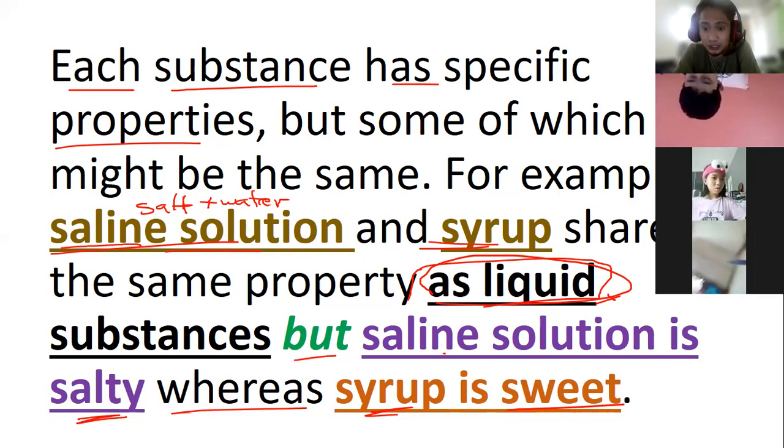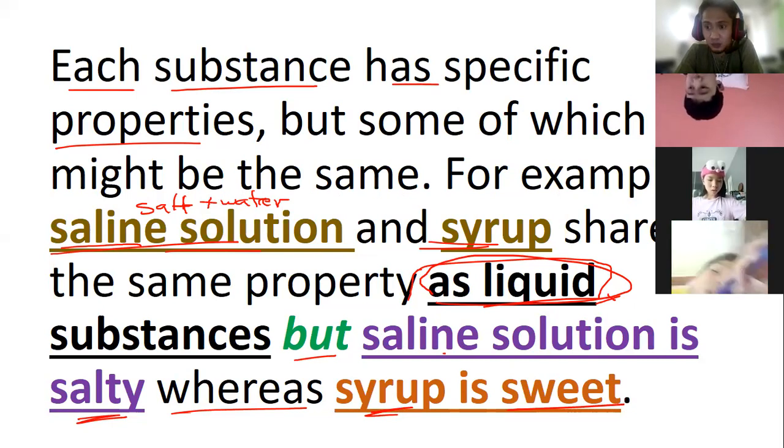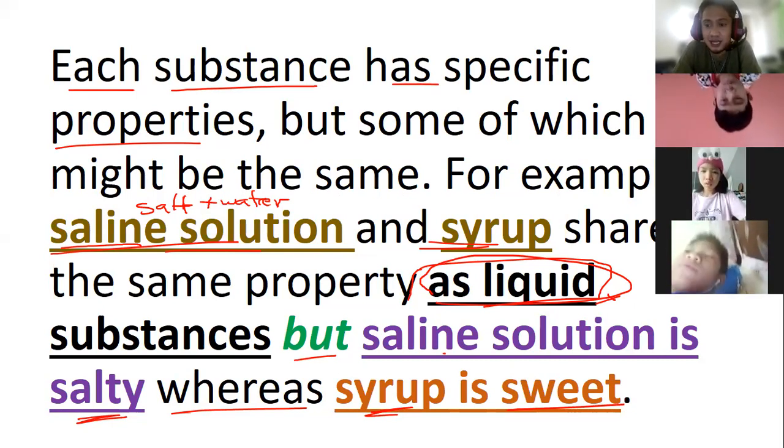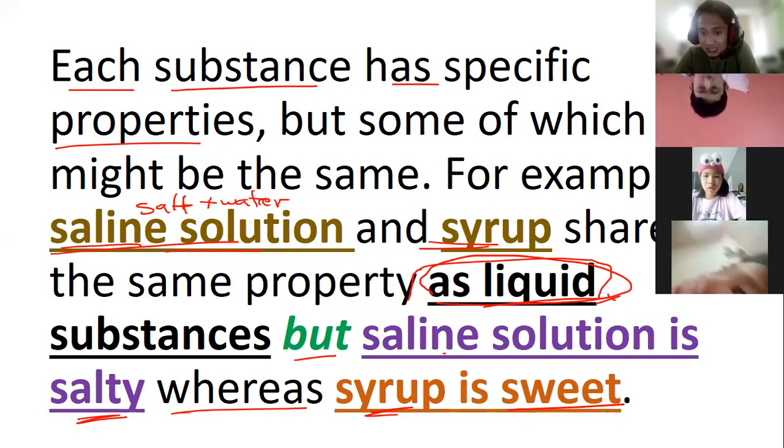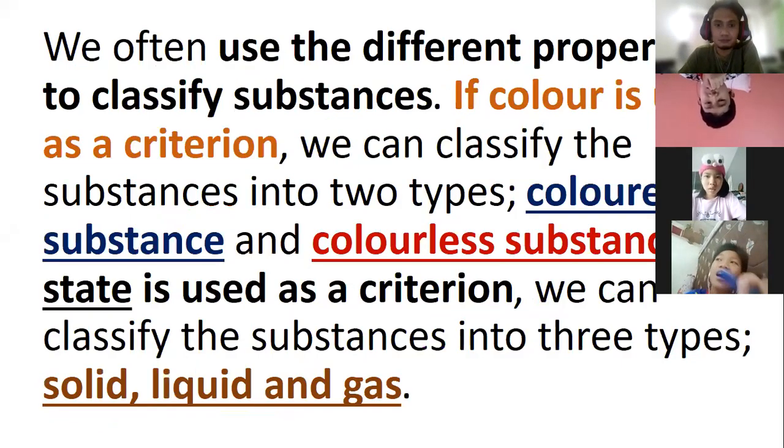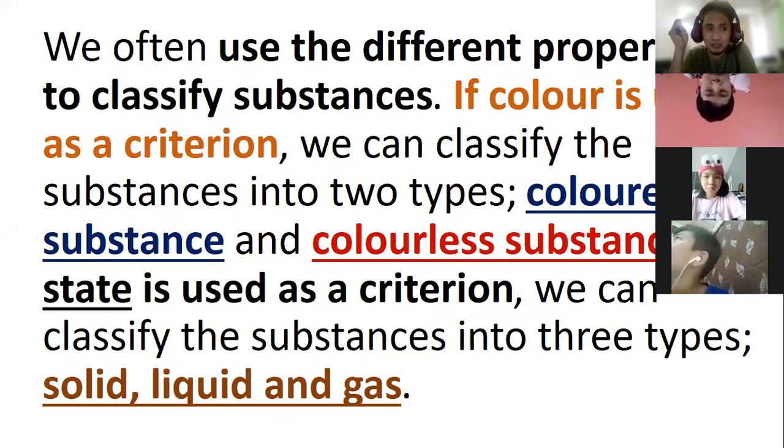It is liquid, but when you taste it, saline solution is salty, syrup is sweet. So it means they are different. They are the same liquid, but they are different in taste. Understand? Continue.